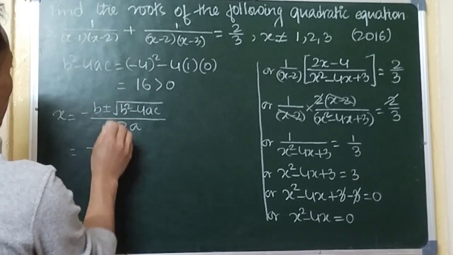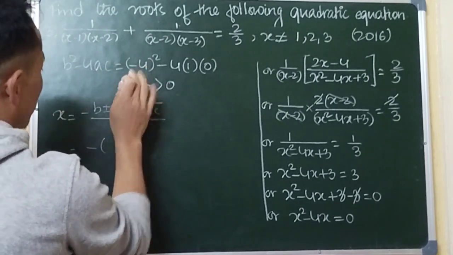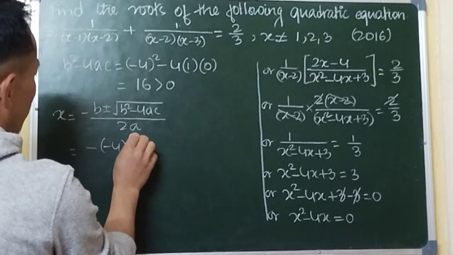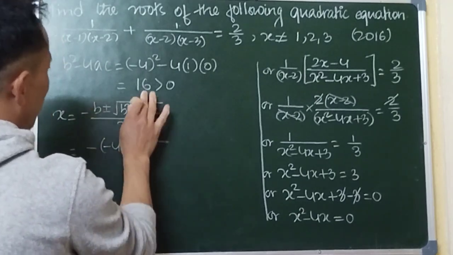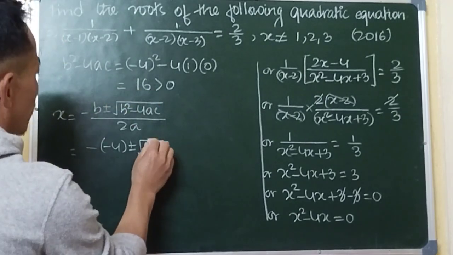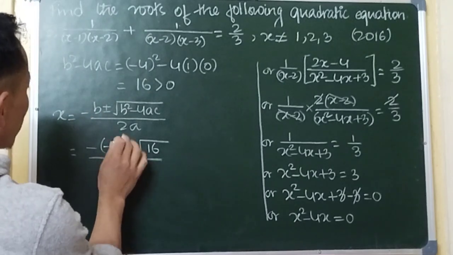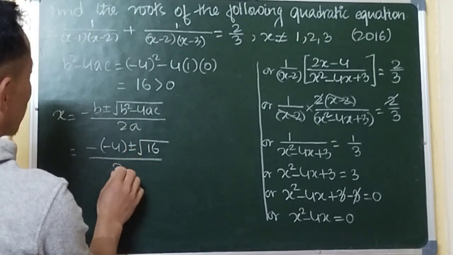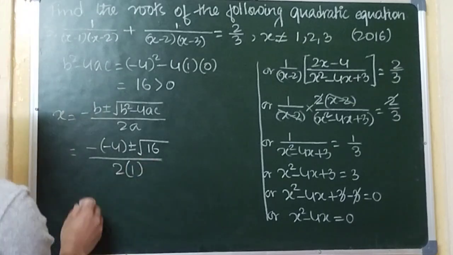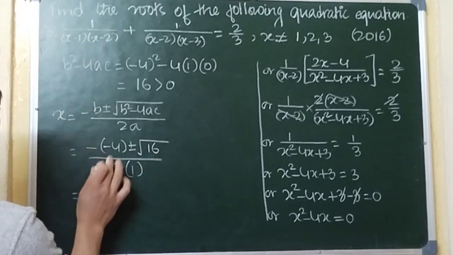So minus b is minus 4 plus minus square root of b square minus 4ac is 16, divided by twice of a. So a is how much? 1. So this becomes minus, minus becomes plus.